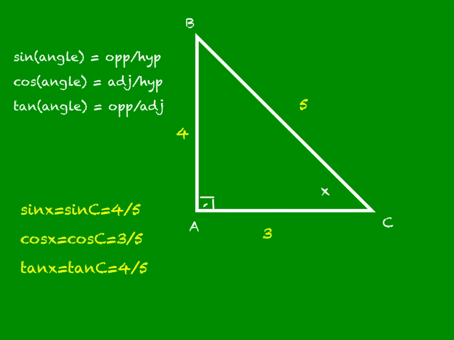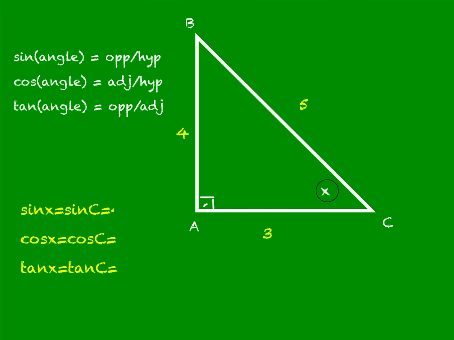Let's solve one question together to understand better. What we said: sine of the angle is opposite over hypotenuse, cosine is adjacent over hypotenuse, tangent is opposite over adjacent. Now, where is our angle?